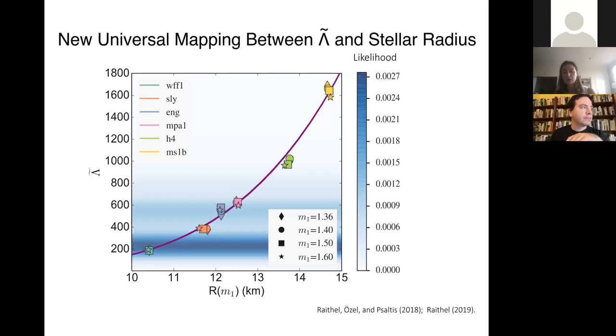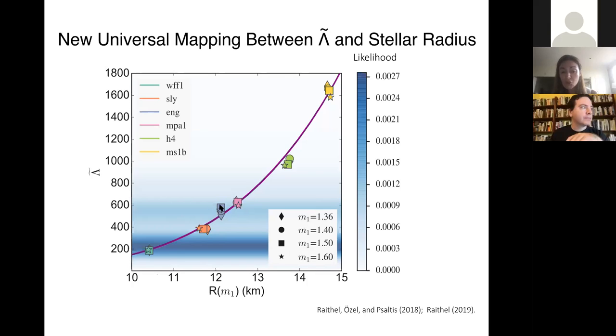So one way to see this would be, this is the tidal deformability as a function of neutron star radius for different component masses that are allowed given the chirp mass and the binary mass ratio for 170817. So what this plot is meant to show you is that the effective tidal deformability is quite insensitive to the individual component mass.